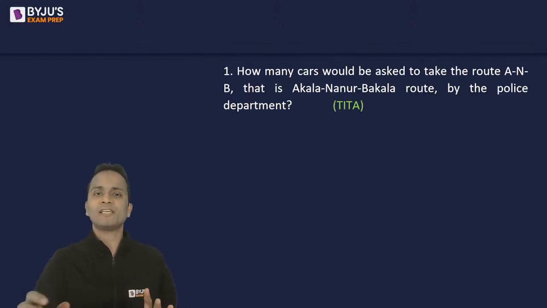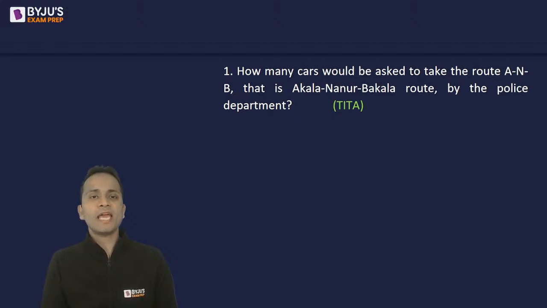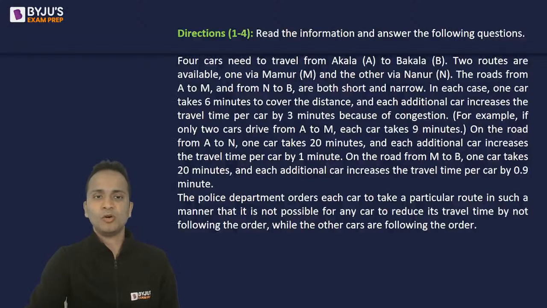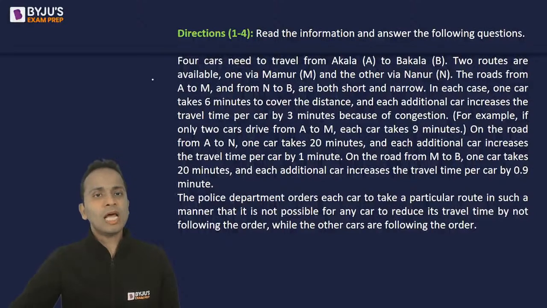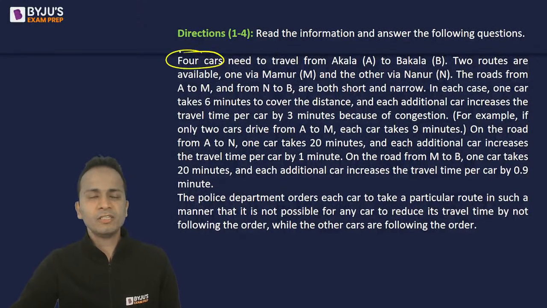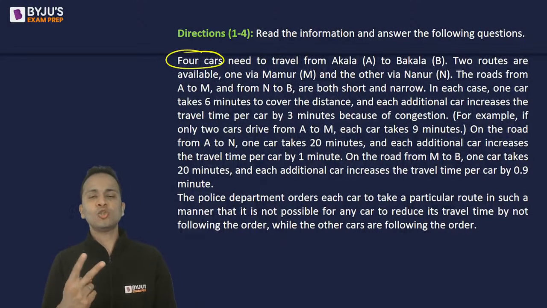So let's look at the first question. How many cars would be asked to take the route A and B by the police department? In total, how many cars are there? We are given four cars and two routes.